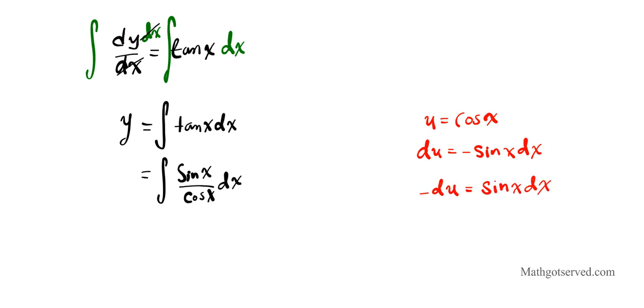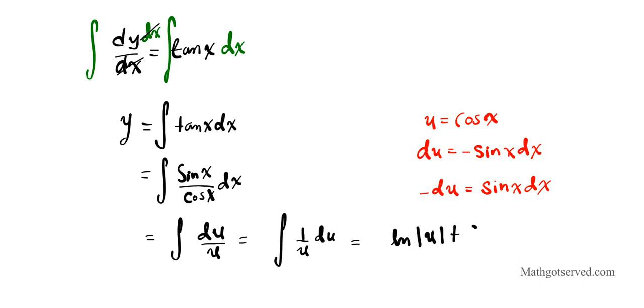So this whole integral now becomes the indefinite integral of cosine x becoming u, and then this entire numerator becoming du. So we have du over u. Or just to make it clear, the integral of 1 over u du. So what's the integral of 1 over u? It's simply the natural logarithm of the absolute value of u plus c.